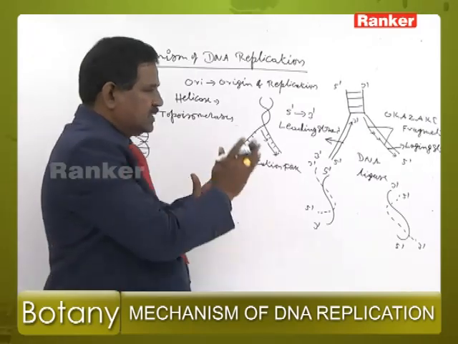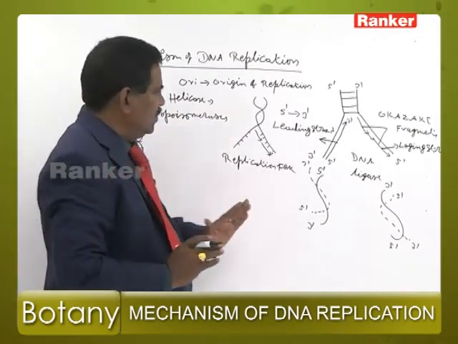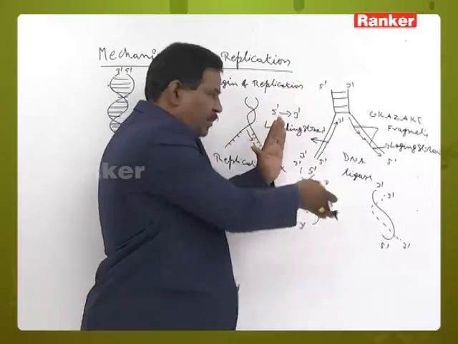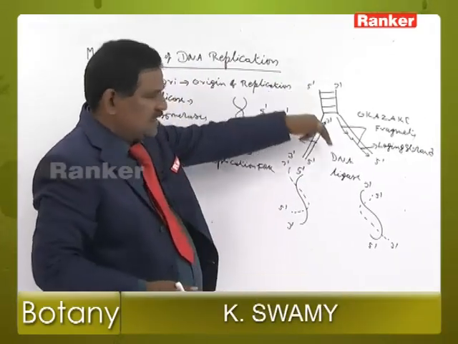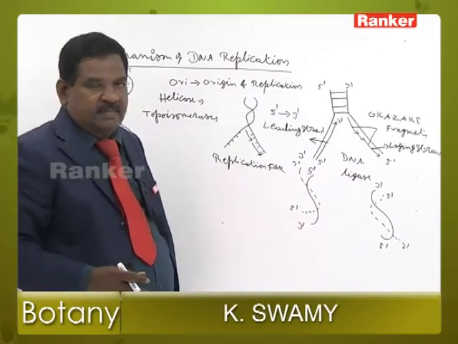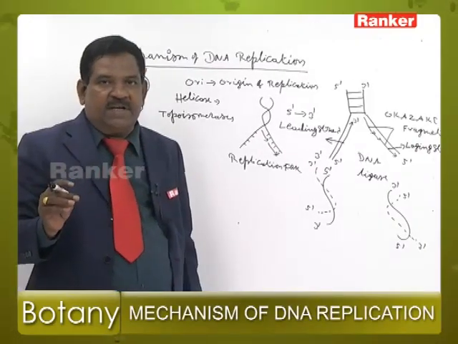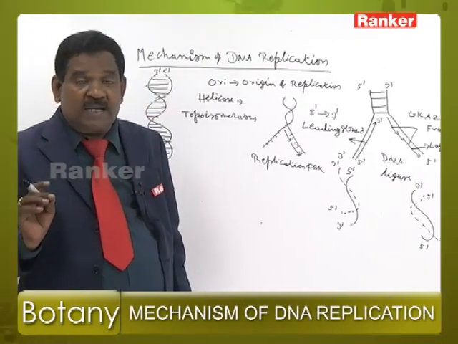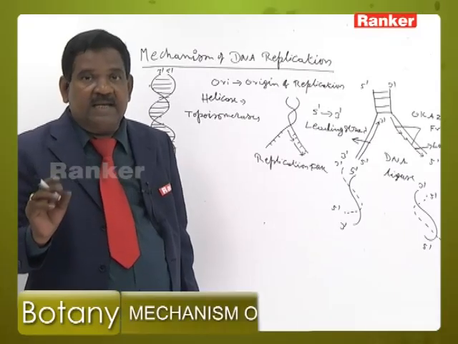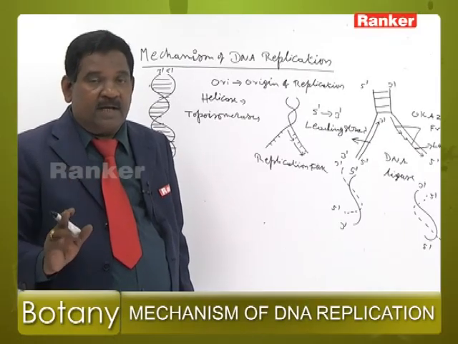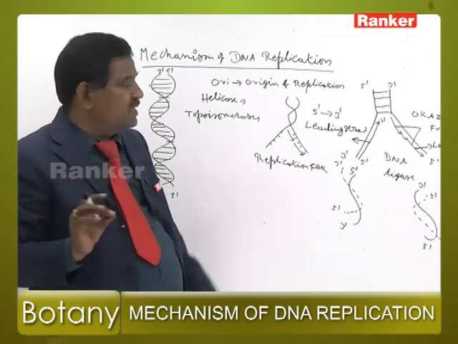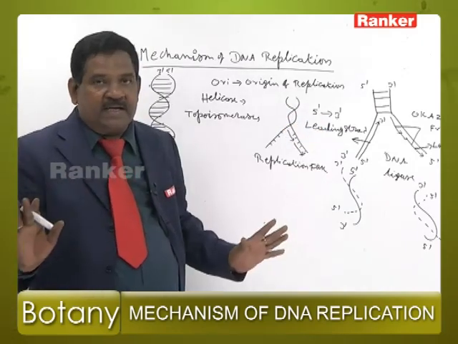That means new strands are synthesized in opposite directions: one strand in one direction, another strand in another direction. So during replication of the DNA, new strands are synthesized in opposite directions, but the synthesis is always in the 5' to 3' direction only.